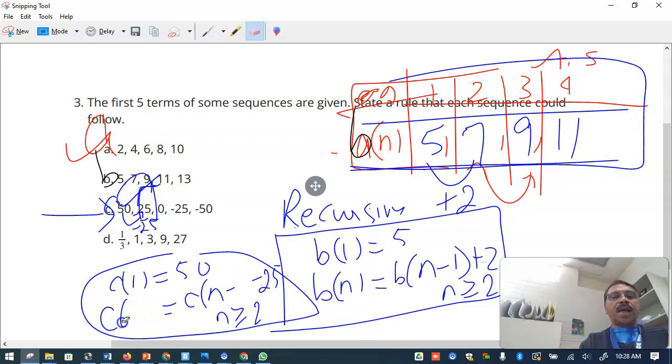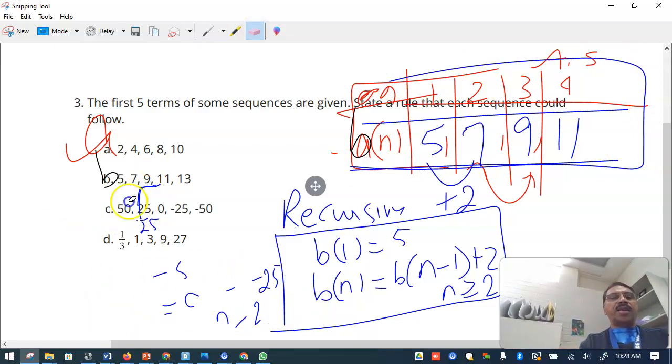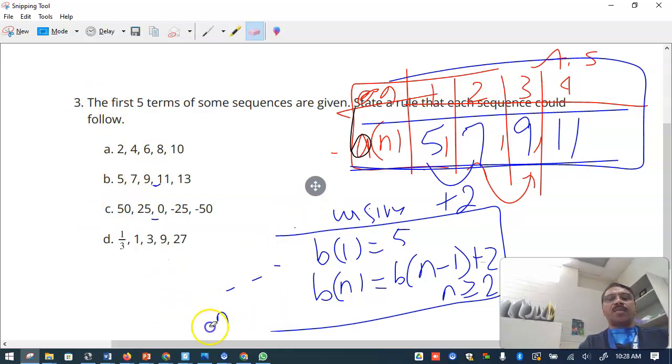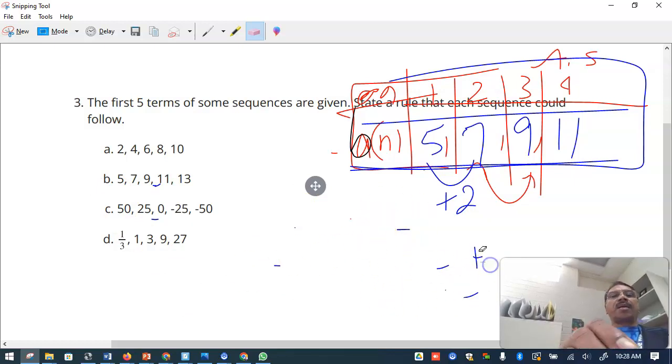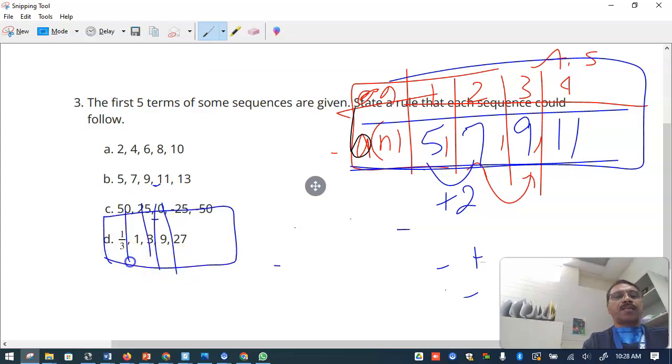And the last one is D, the sequence D. What do you notice here? Each time you multiply by 3, right? So how do I write this? Of course, you can make the table. This is the table, okay? So the table is right here, and then any term, you see this 3 times, so you're multiplying 3 to the previous term and you get the next one.